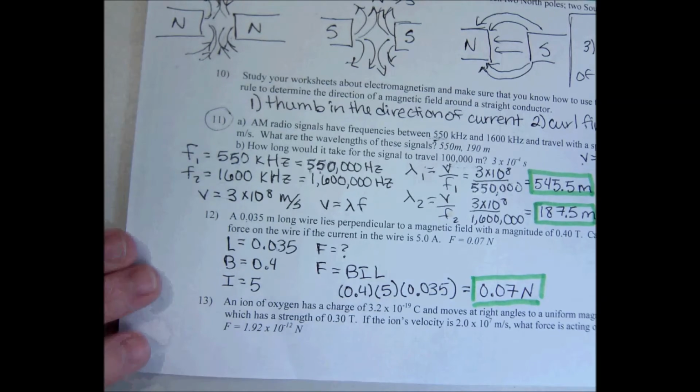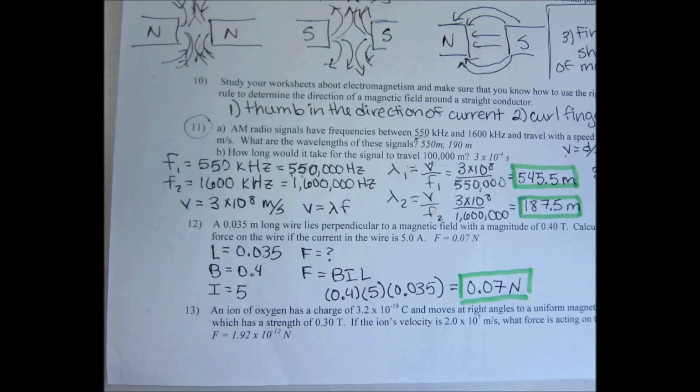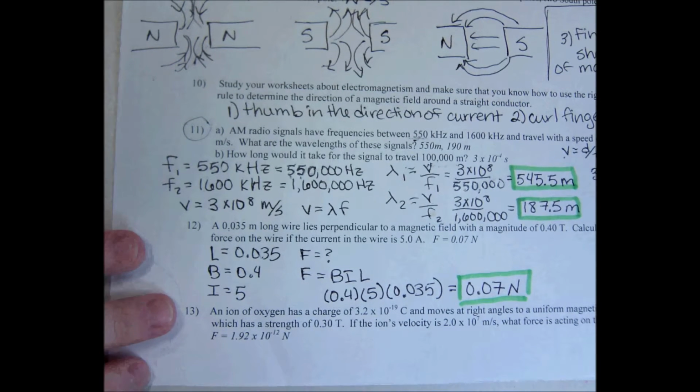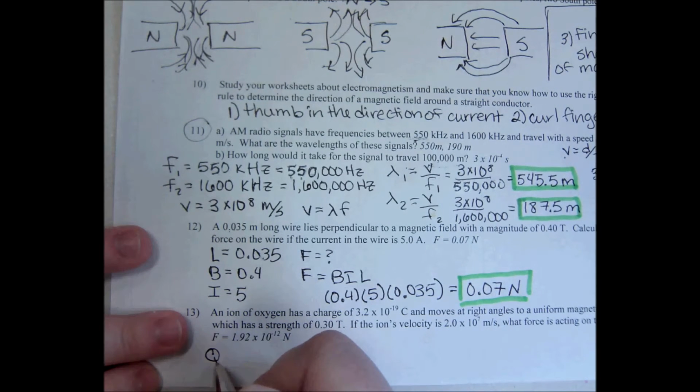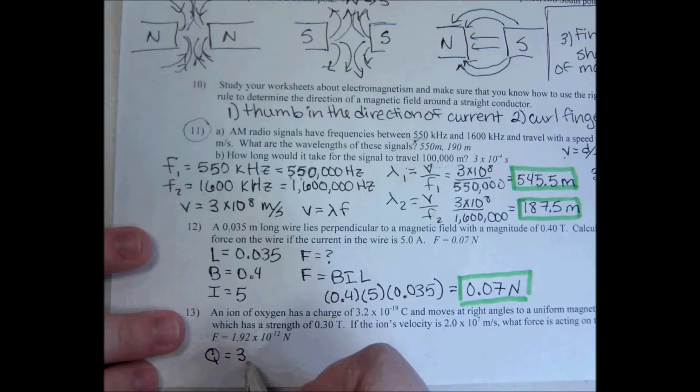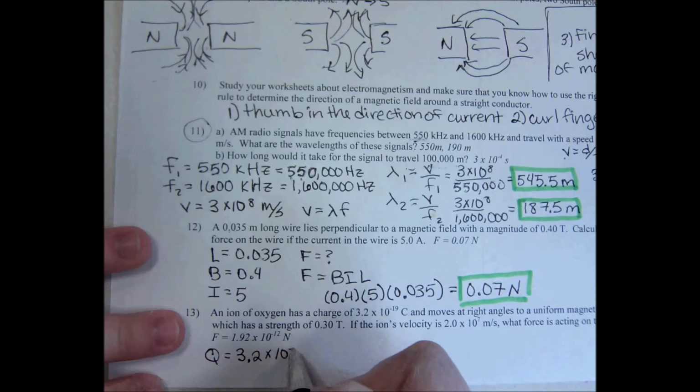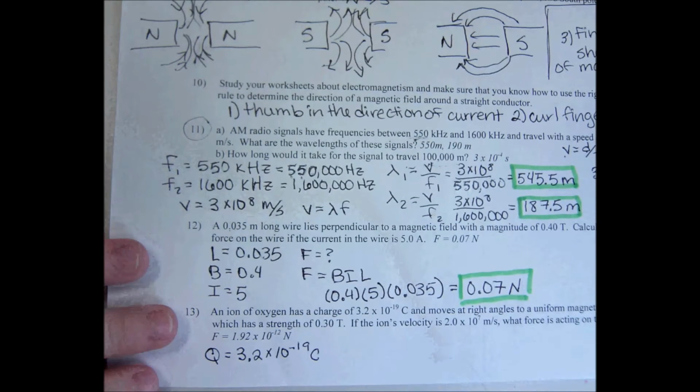All right, now the last magnetism one. My guess is that we're going to use the other formula, BQV, as I call it. That offended some people, that's okay. But let's look at what we have first. We have a charge, so that's Q of 3.2 times 10 to the negative 19th coulombs.